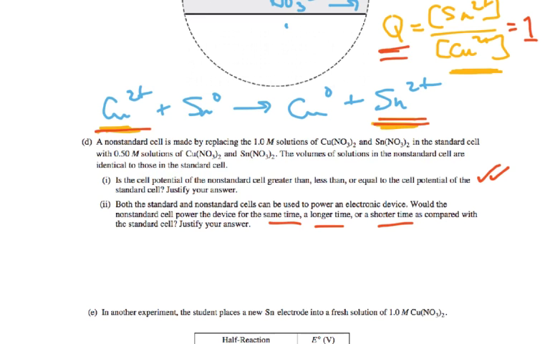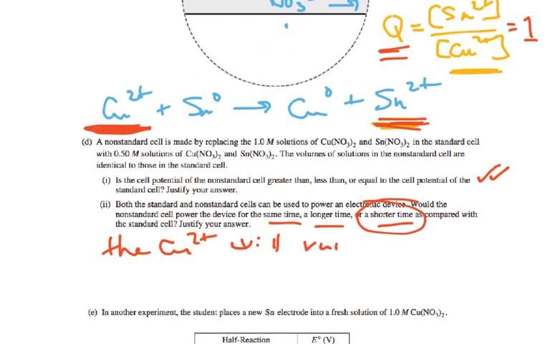We had 1 molar of this and 1 molar of this. Now we're going to put in 0.5 molar and 0.5 molar. Well, what's going to happen is this chemical is going to run out more quickly, so it's going to be a shorter time. The copper will run out quicker.